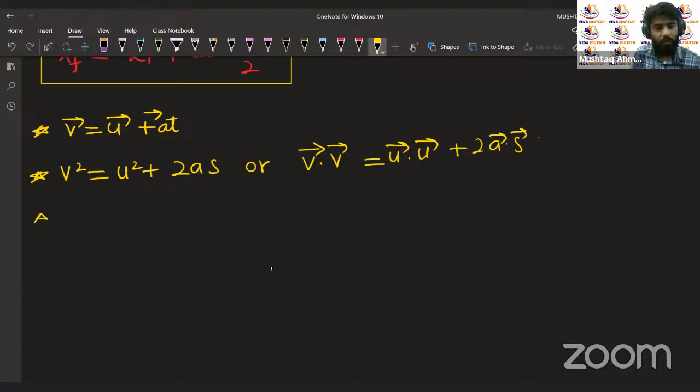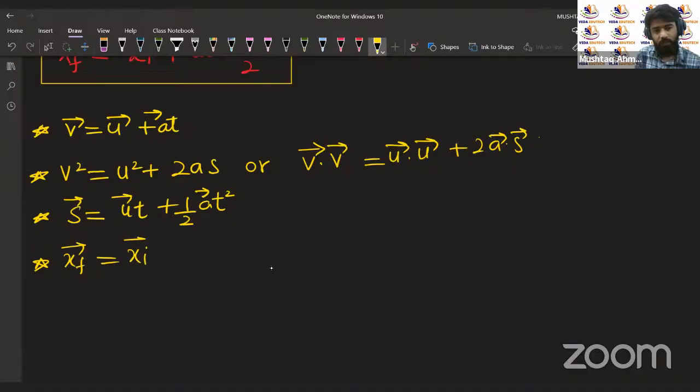The third equation was s vector equals ut plus half at square, or we can rewrite it as x final equals x initial plus ut plus half at square.